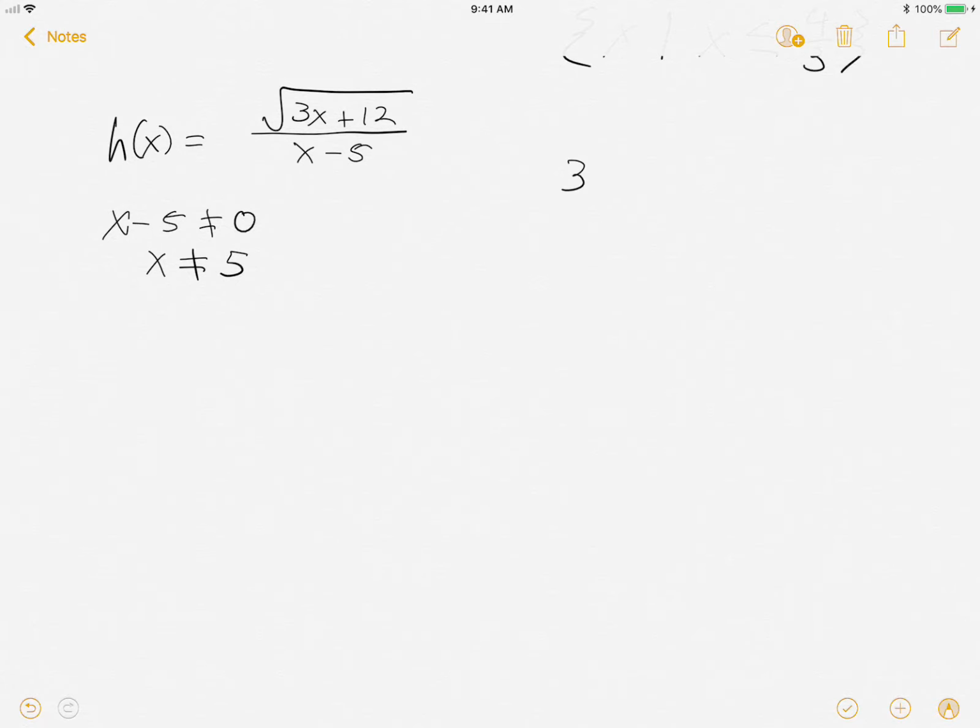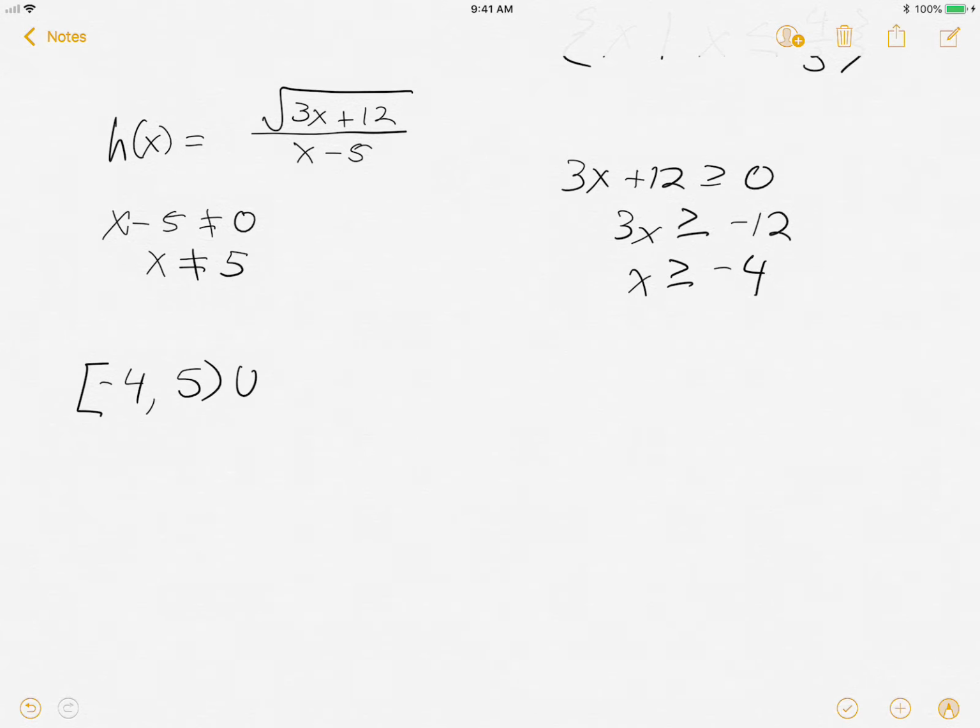We also know that 3x plus 12 has to be greater than or equal to 0. So 3x is greater than or equal to negative 12, or x is greater than or equal to negative 4. So in interval notation, the lowest it can be is negative 4, and the only place it messes up is at 5. So I have a little jump at 5, and it goes on to infinity.